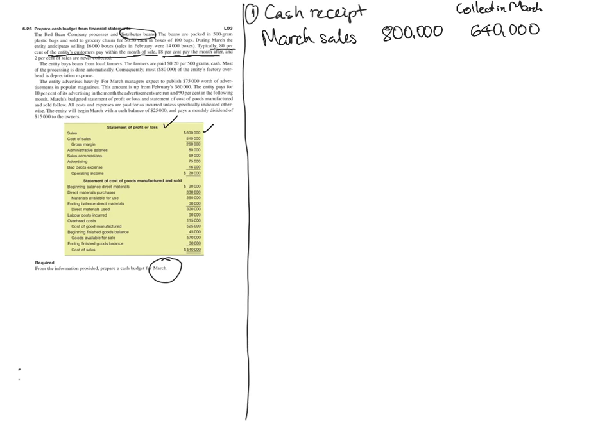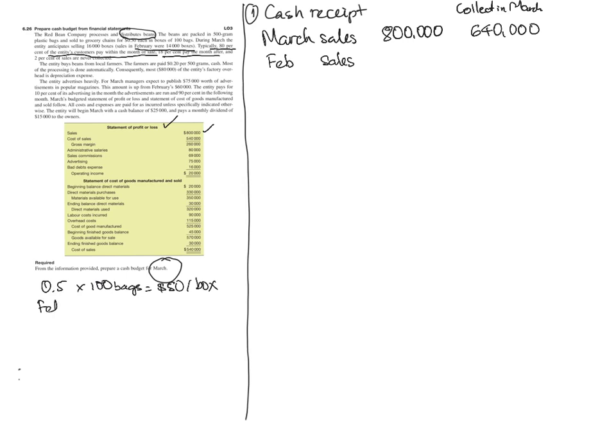Alright, and we have February sales. You see that February sales were 14,000 boxes, and how much is the sales in February? You know that they sell at $0.5 each bag, and the box has 100 bags, so 0.5 per bag times 100 bags, so we have $50 per box.